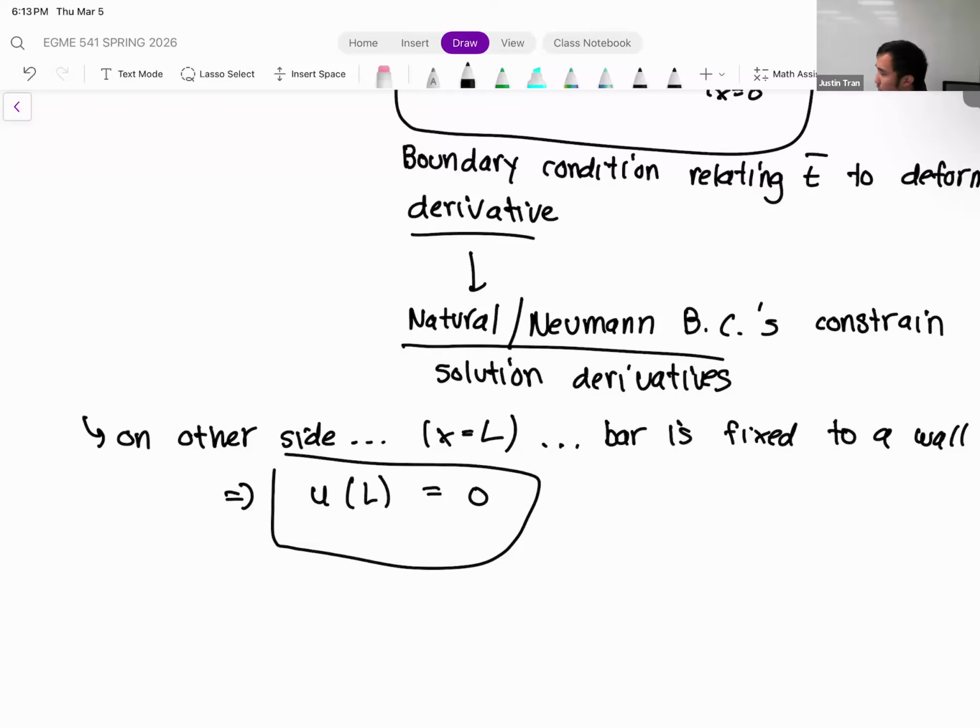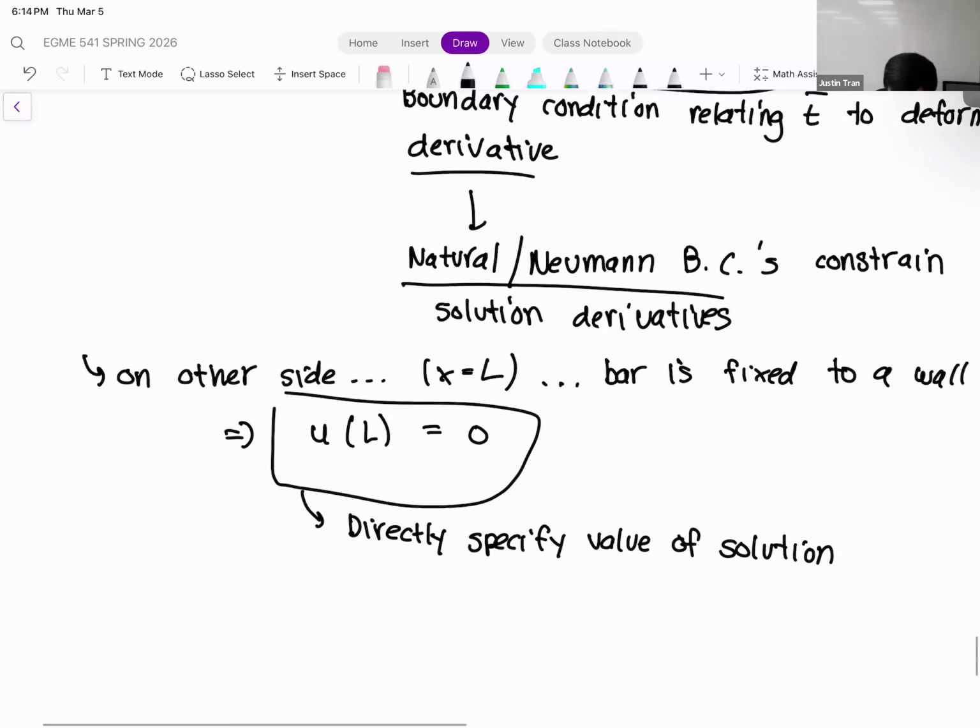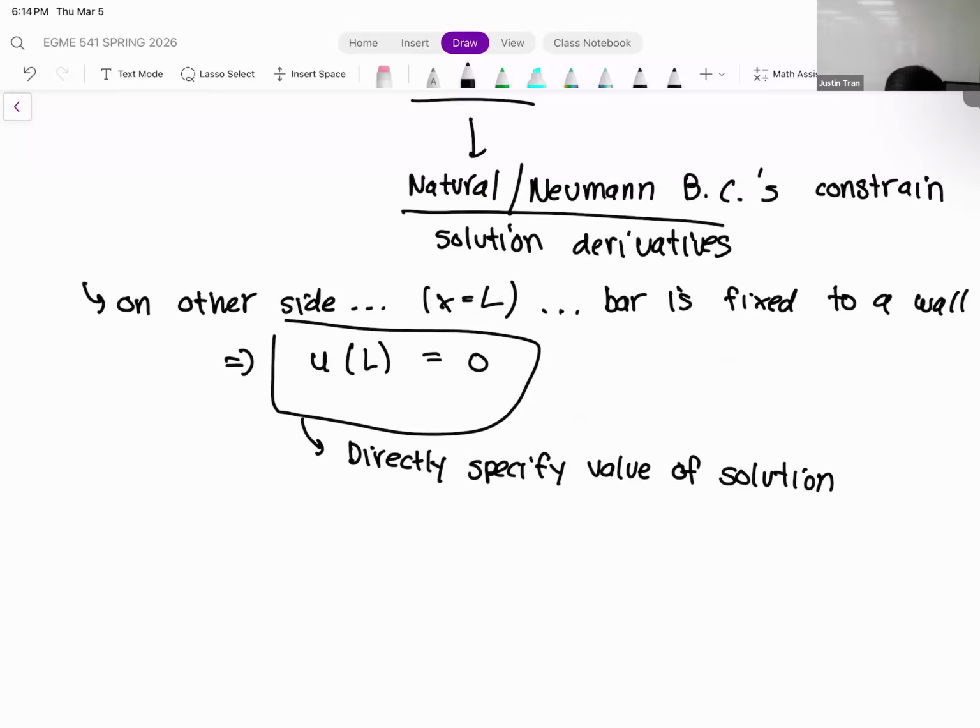All right, so these types of boundary conditions are much easier to work with. These are boundary conditions where we directly specify the value of the solution. We're not going through a derivative. We're just saying that the deformation must be 0 there. These types of boundary conditions are called essential boundary conditions.